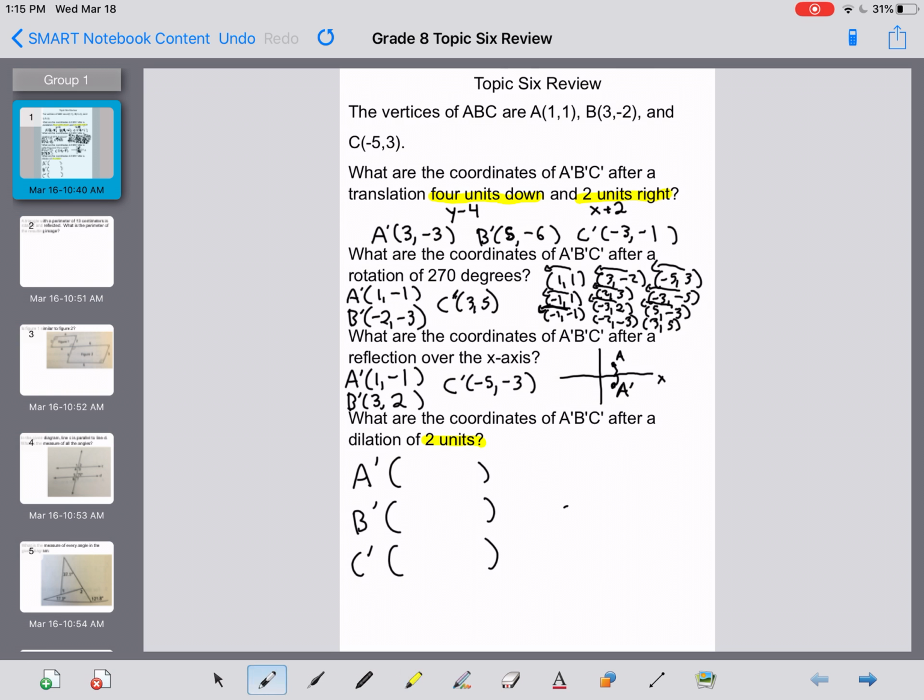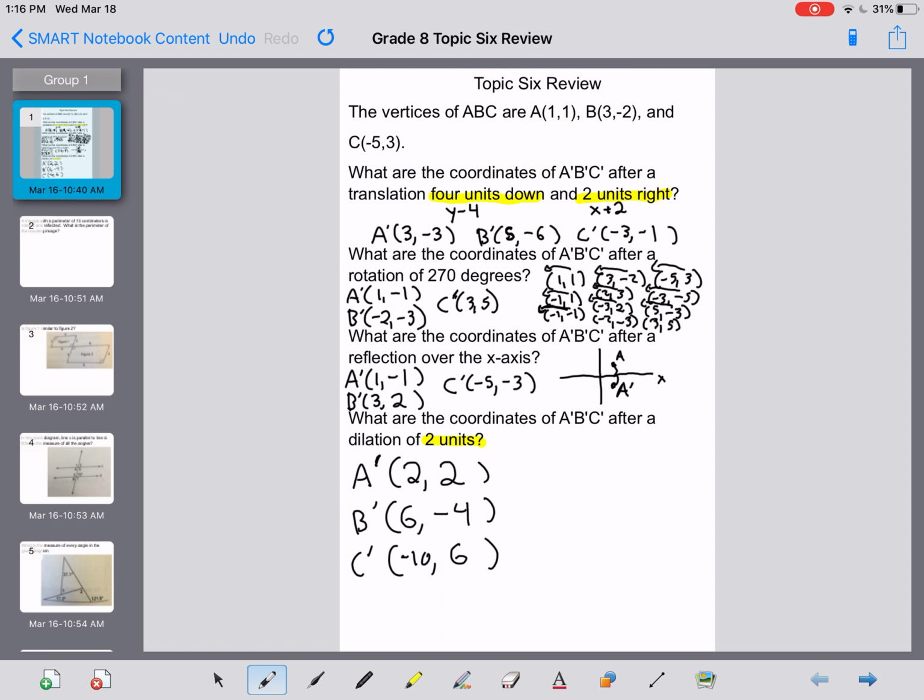So for point A, 1 times 2 is 2. 1 times 2 again is 2. For B prime, 3 times 2 is 6, and negative 2 times 2 is negative 4. And for C, negative 5 times 2 is negative 10, and 3 times 2 is 6.